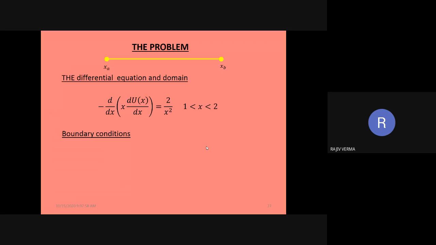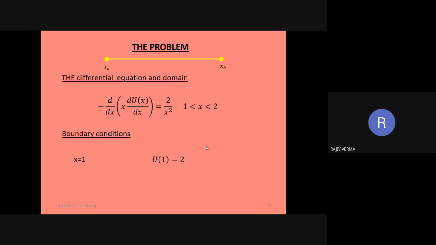Now the other thing is that the solution of this equation is going to require certain boundary conditions also. And in this particular case, the boundary conditions are going to be prescribed at x is equal to 1 and x is equal to 2.